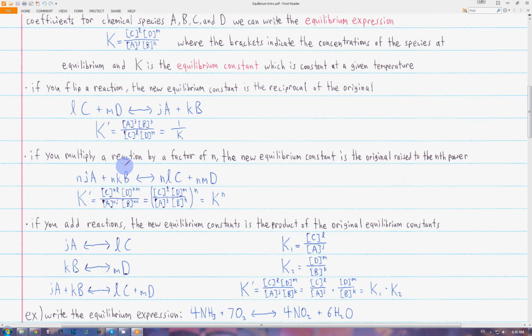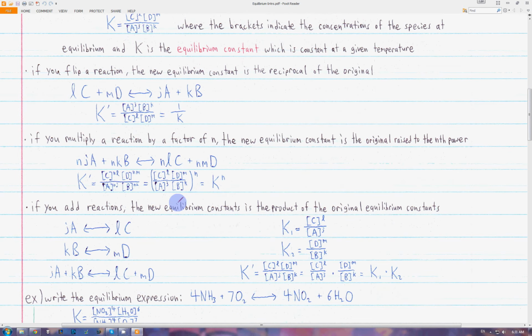If we multiply a reaction by some factor of n, say we double all the coefficients, then the new equilibrium constant will be the original equilibrium constant raised to the nth power. So if we multiply all the coefficients by 2, then the new equilibrium constant will be the original K squared.